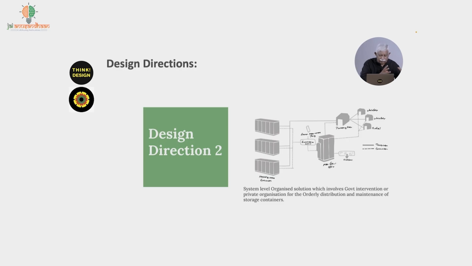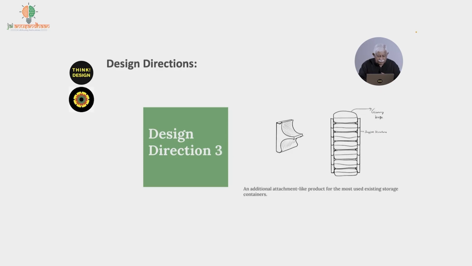So there is an orderly distribution, making sure that no wastage happens. Very tough to implement this system. It can be done in the long run. Direction 3, an additional attachment-like product for the most used existing storage containers, so there is an additional thing which makes the storage containers independent by itself.